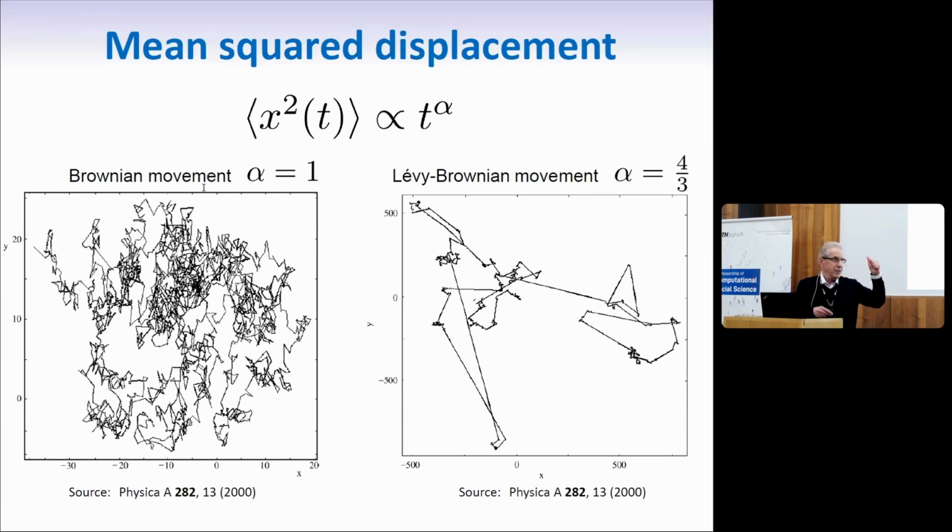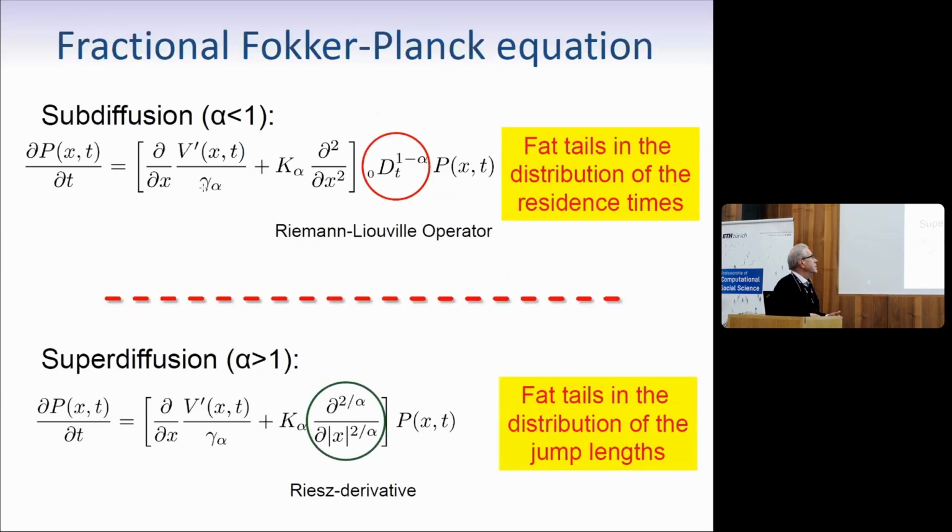And this is actually a small criticism I have about this field, because you guys model. First of all, is it a Markov process? Is there something behind it? And on what time scales is the model valid? Because you look only at, for example, the second moment. You are not sure how the fifth moment behaves with different models. And of course, you know this essentially, you can have super diffusion with fat tails in the distribution of jump lengths, or you can have fat tails in the distribution of residence times.